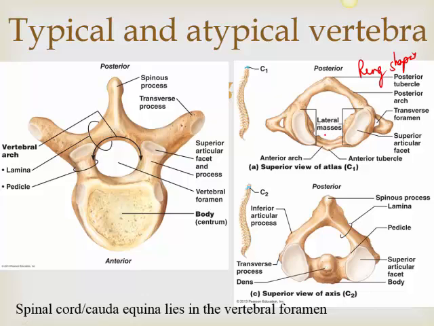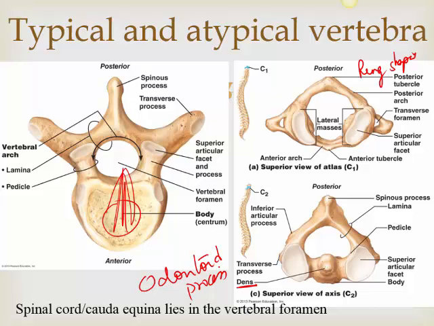So sitting on top of the second is a process which goes up, which is what you see here. That process is called the dens, or the odontoid process. That is seen in the axis vertebra, which is the C2 vertebra.